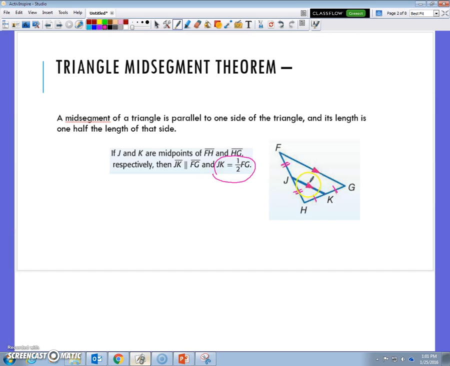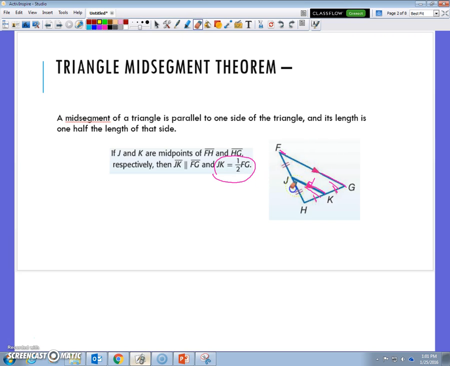It says that they're parallel, but there's also a relationship here: since there's two pieces, the length of the midsegment is half as long as the length of FG. So JK is exactly half the length of FG. So if FG was 8, the midsegment would be 4, no work required. You would know it's parallel and it's exactly half of its parallel side.